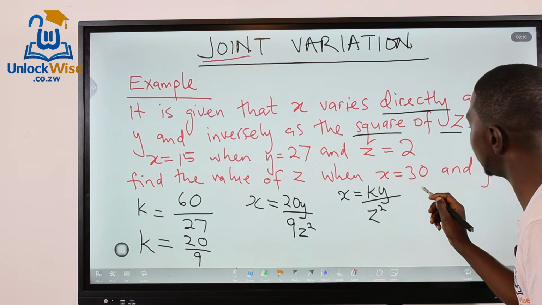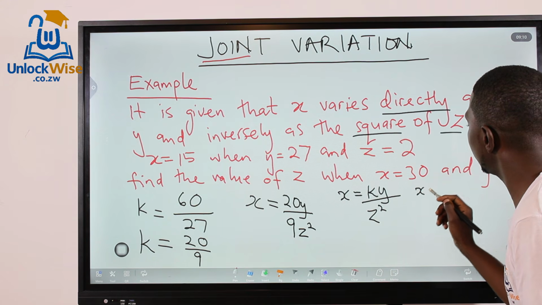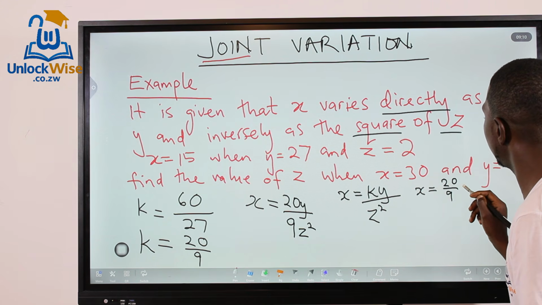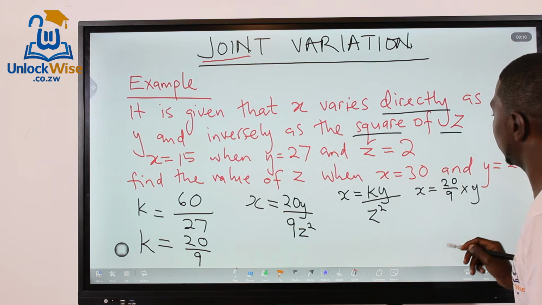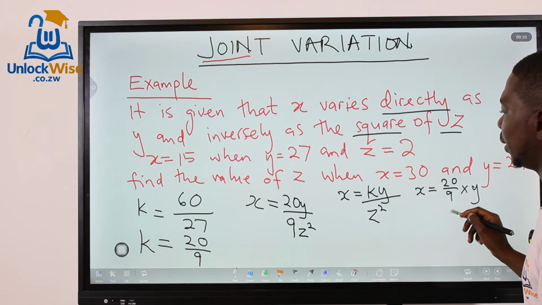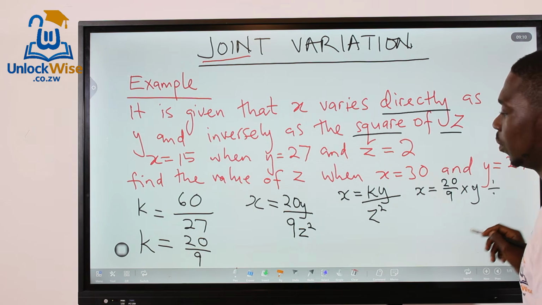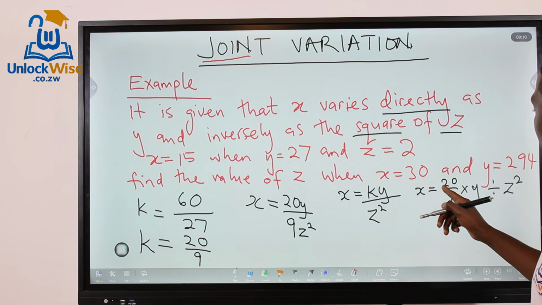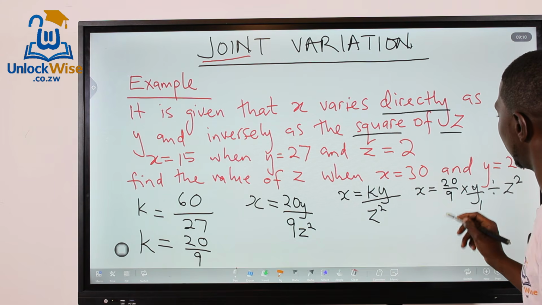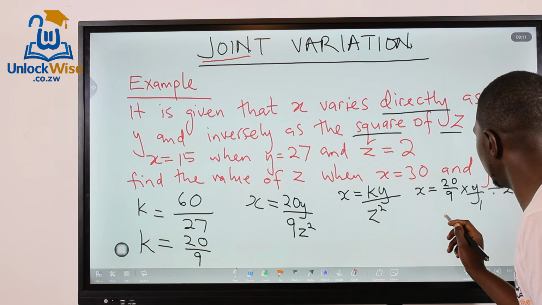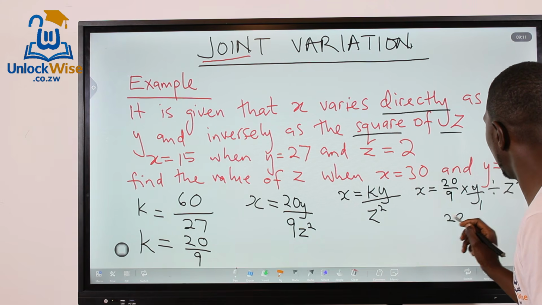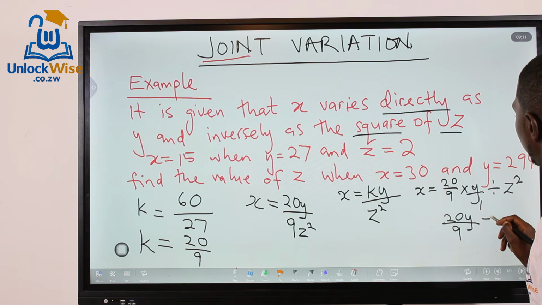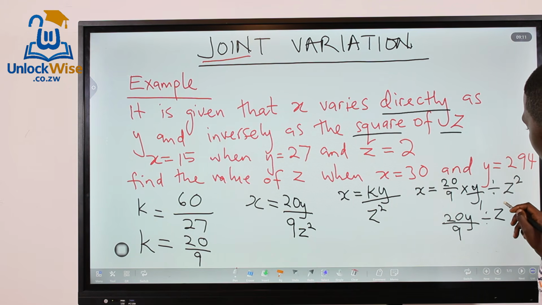So we can write this as x being equal to 20 over 9 times y, and this is being divided by z squared. So if you multiply numerator by numerator, denominator by denominator, you are going to have 20 y over 9 being divided by z squared.